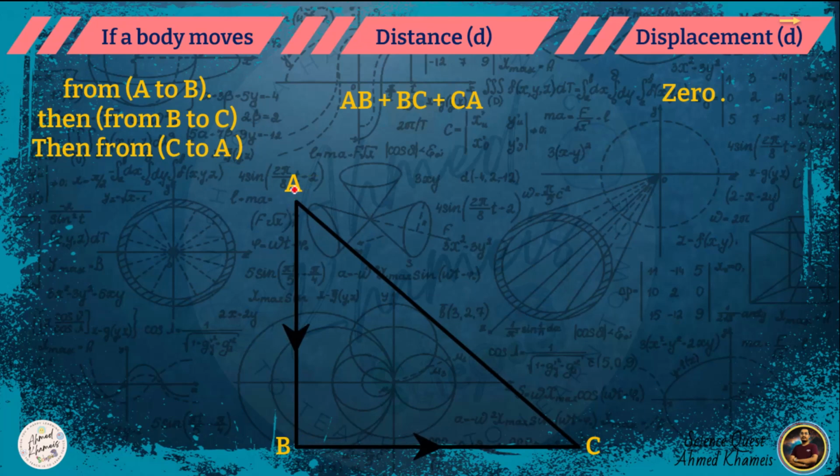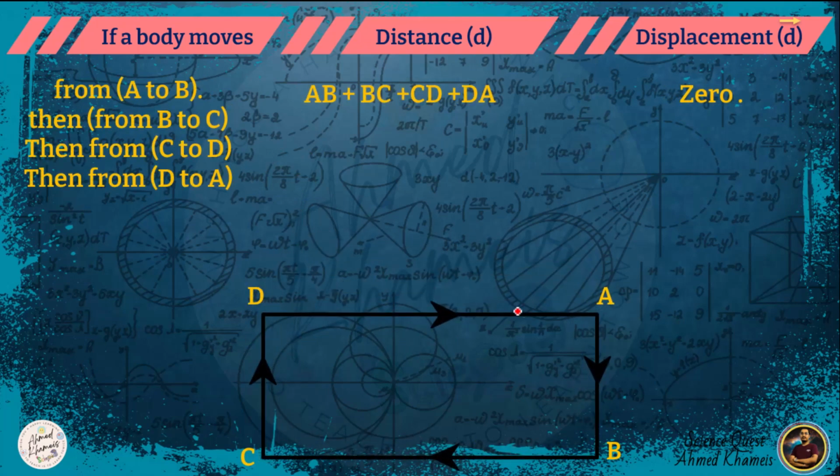If the body moves from A to B, from B to C, and from C to A, the distance will equal AB plus BC plus CA, and the displacement will equal 0 because the primary position of the object is the same as the ending position of the object.